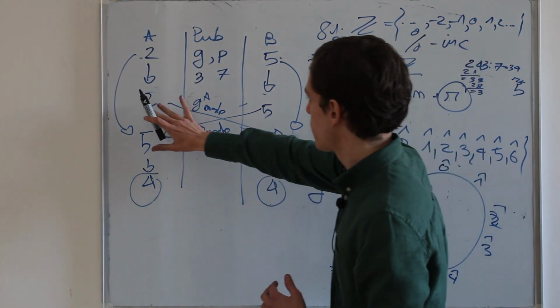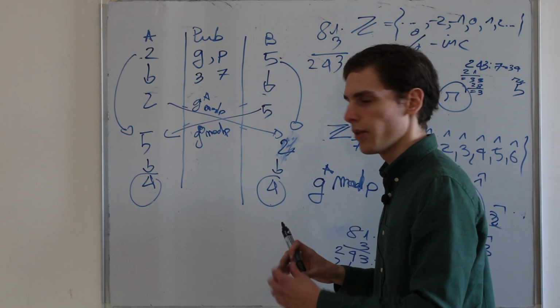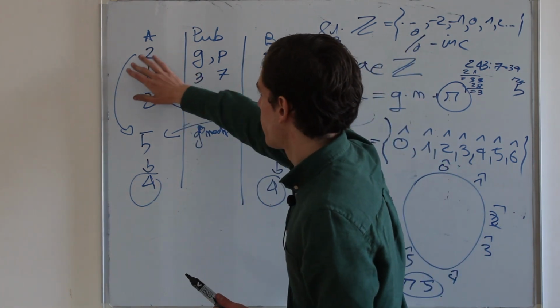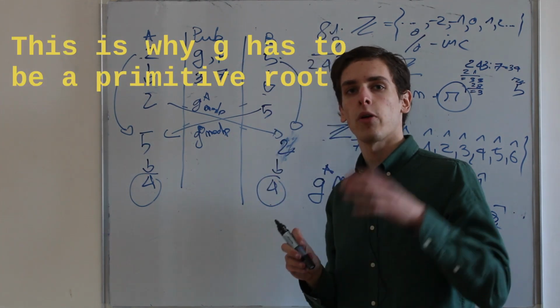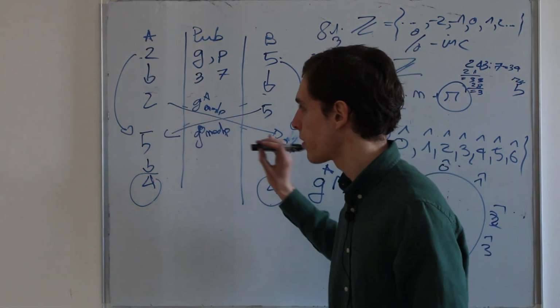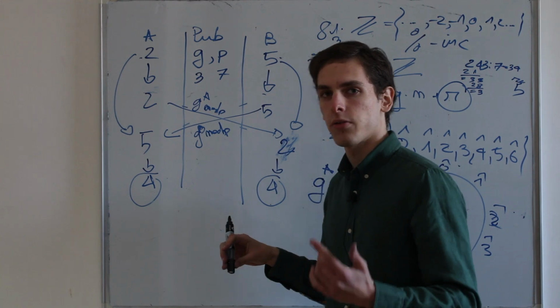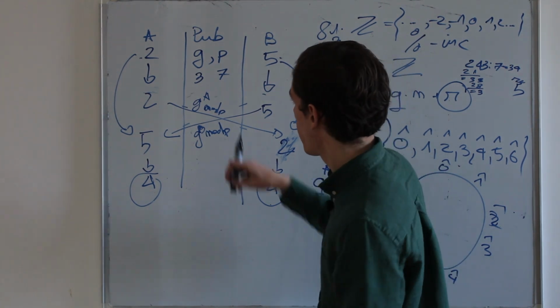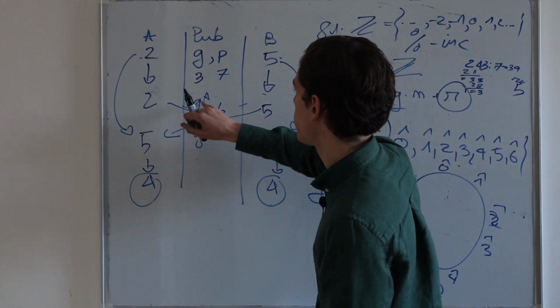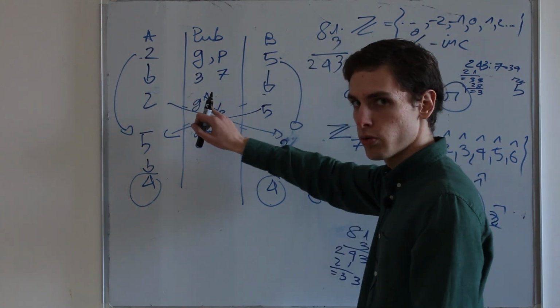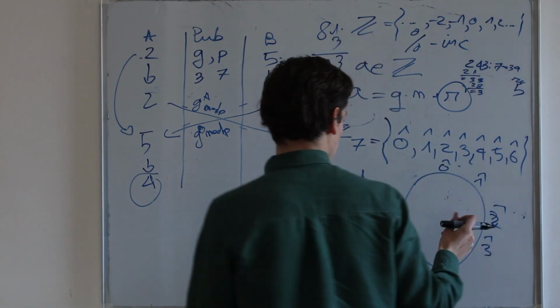Now, this operation is the crucial one, because doing this function, g to the a modulus p, is a one-way function, meaning that it's very easy to calculate, but very hard to calculate the inverse of. Just by knowing the base, it's really hard to know the power that it was raised to, because, again, think of the clock.